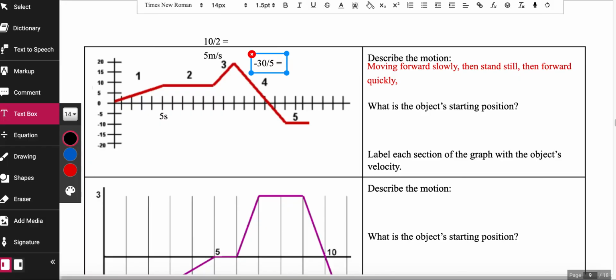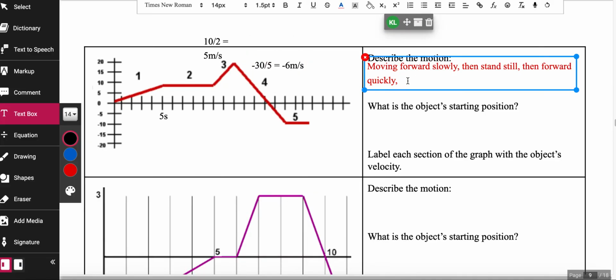And we end up getting negative 6 meters per second. So we are going a little bit quicker in 4 than we are in 3. So I need to make sure that I am detailing that in my motion. So then forward quickly, then backward quicker, even quicker, then stand still.